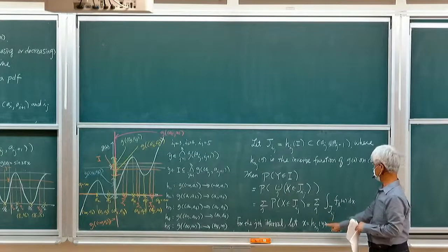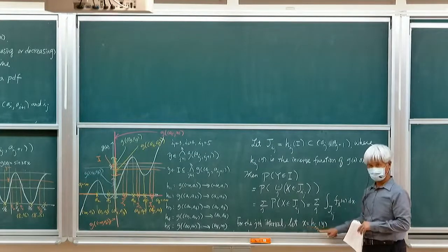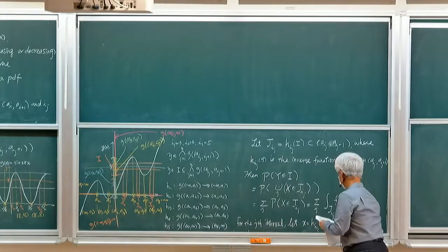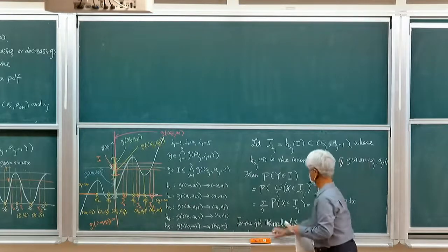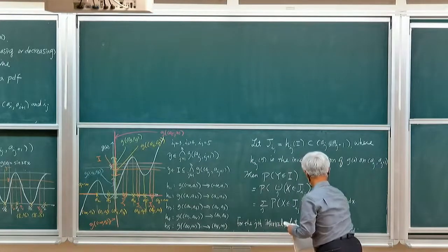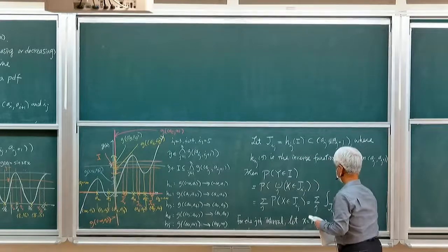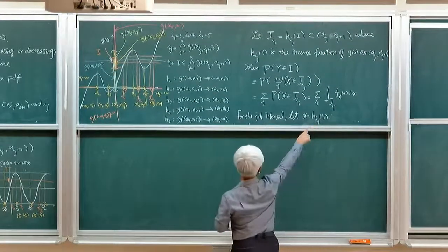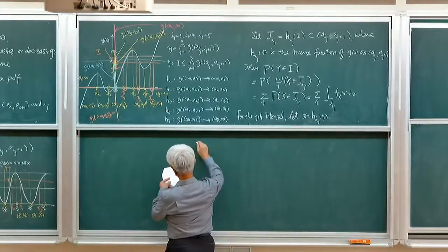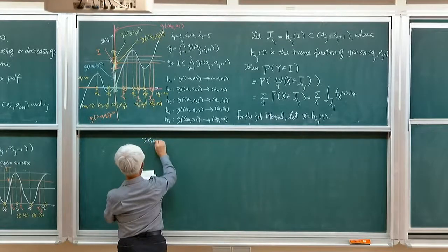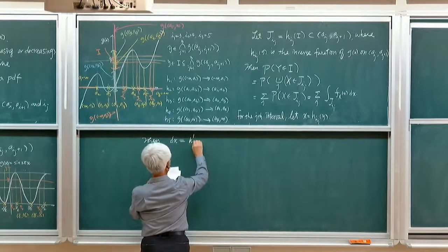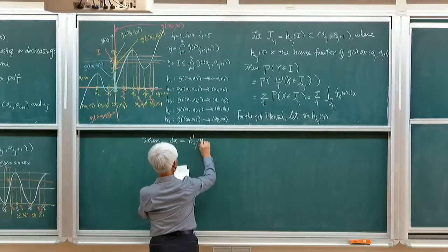So we basically do a change of variable. Then dx is equal to h prime sub I sub j of y dy.